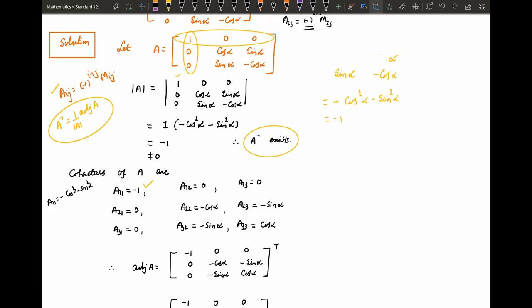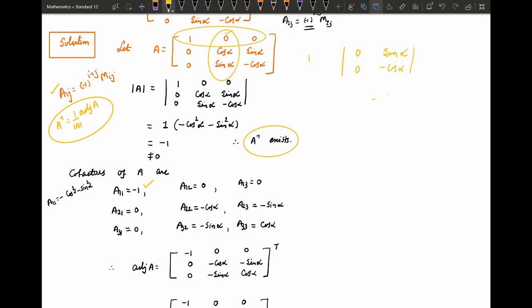Now A12. It is the cofactor of 0. To find the cofactor of 0, again you leave the column and row in which that entry lies. The remaining entries will form a 2 by 2 determinant, 0 sin alpha, 0 minus cos alpha.